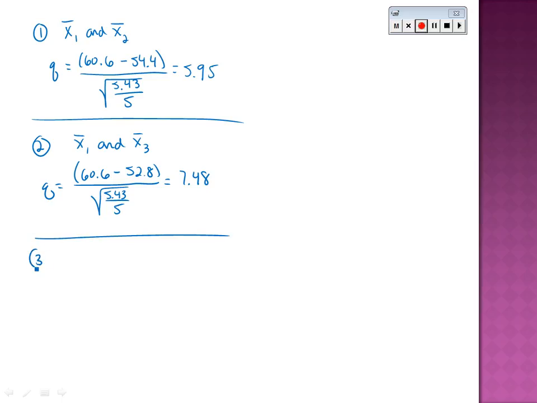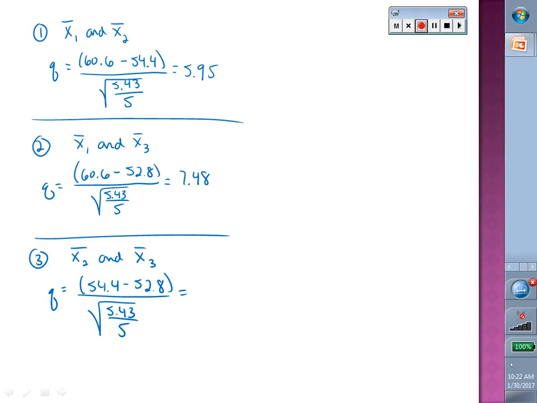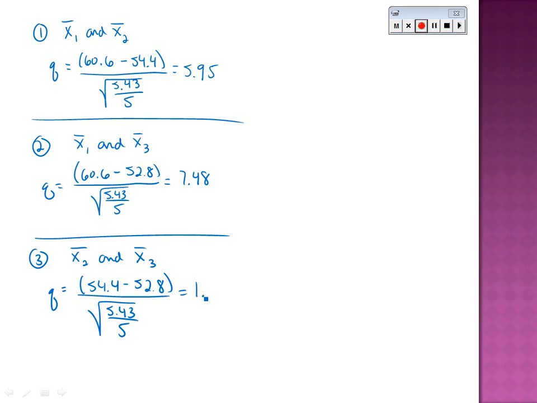The last comparison we need to make, we're going to compare Boston and Detroit. So we have 54.4 minus 52.8, divided by, again, the denominator will be the same for each one of these. That comes to 1.54.